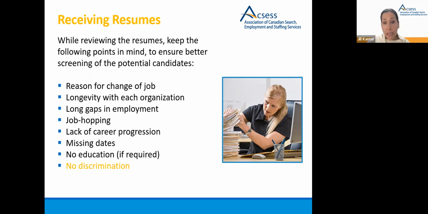And when we're reviewing the resumes we're receiving, we want to keep the following points in mind to ensure we're doing a better job of the screening process. Why have they changed? How about the longevity at each organization? Is it short-term because they were contract or temp positions? Are there long gaps in their employment, and why? Have they been job hopping? Do they have a lack of career progression? That doesn't mean it's a bad thing.